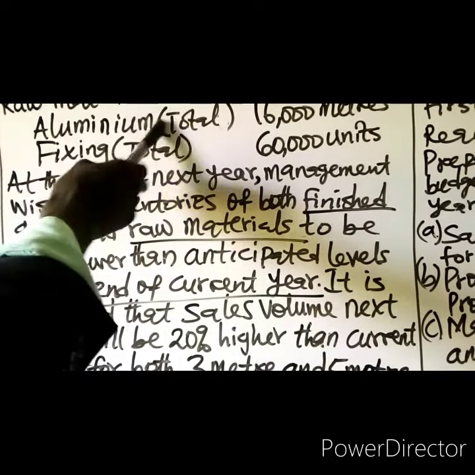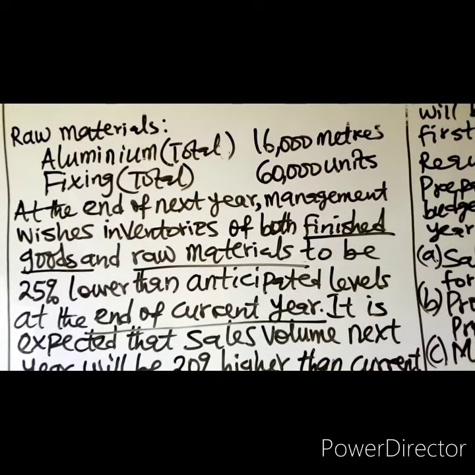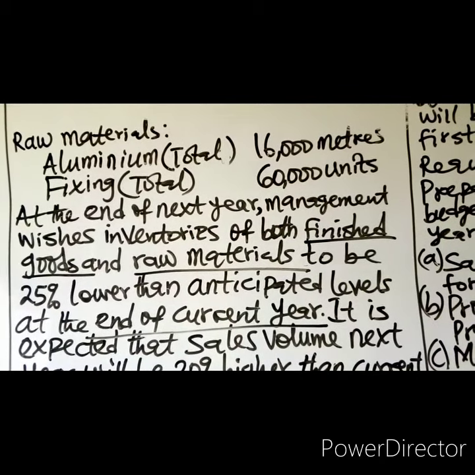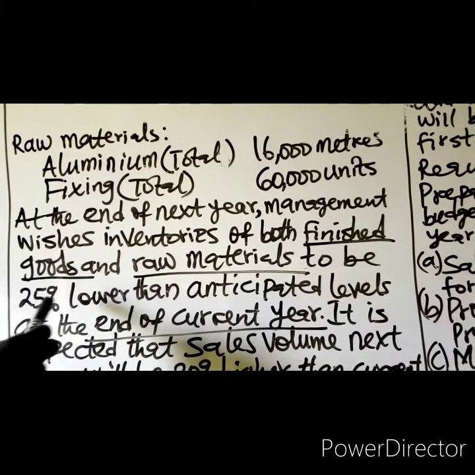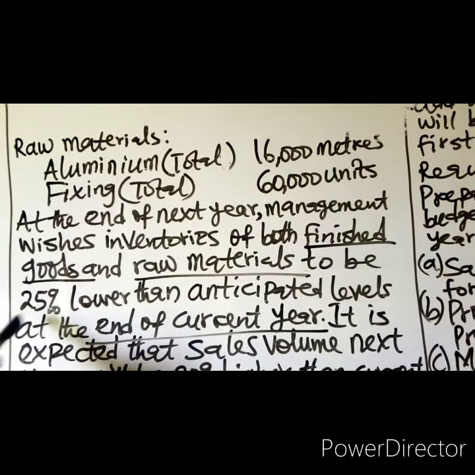You are given the inventory at the end of the current year to be 16,000 meters for aluminum and 60,000 units for fizzing. I've told you that the budget is for next period. If it should be 25% lower, percentage means per 100, so you subtract 25% from 100 and you are left with 75%.